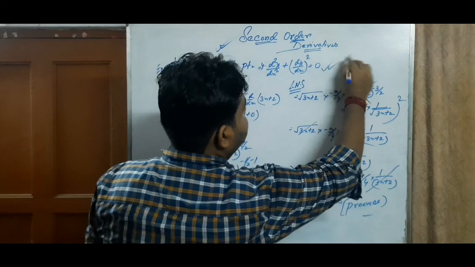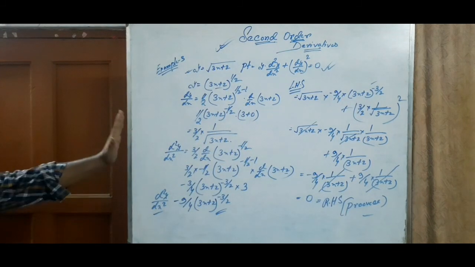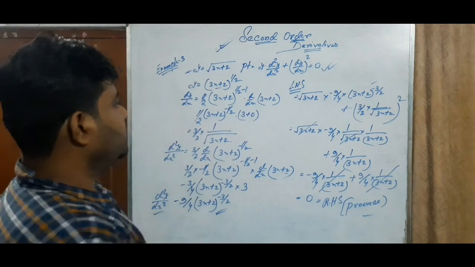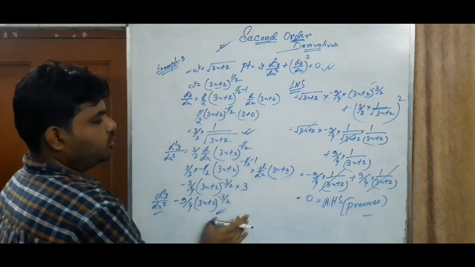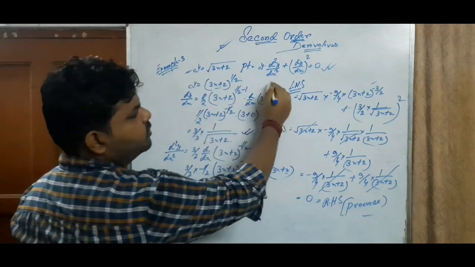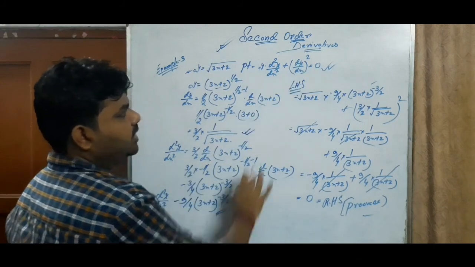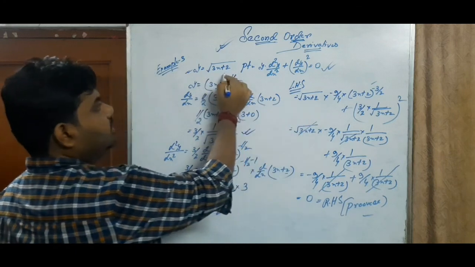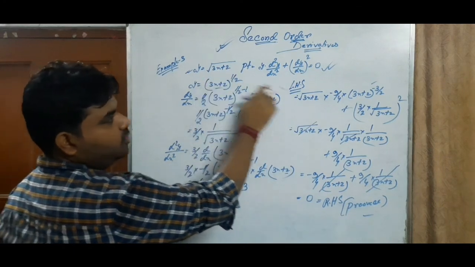So this we have to prove. First we have done the first order derivative, then the second order derivative. Now we are just substituting the values given over here, that is y into d2y by dx2. We have the value of y given over here.